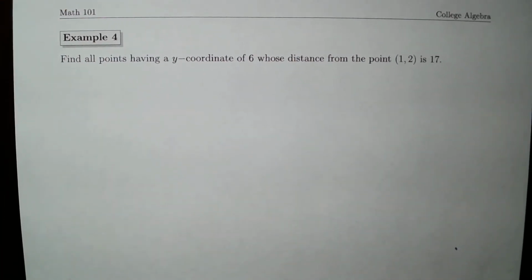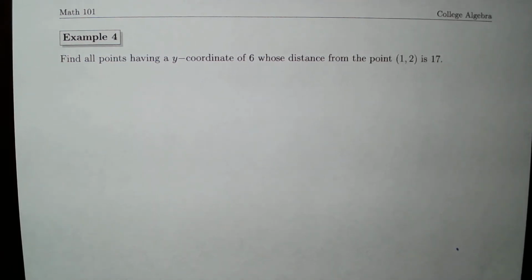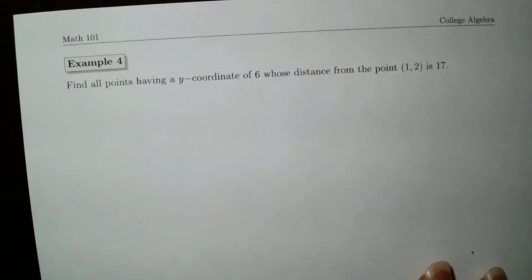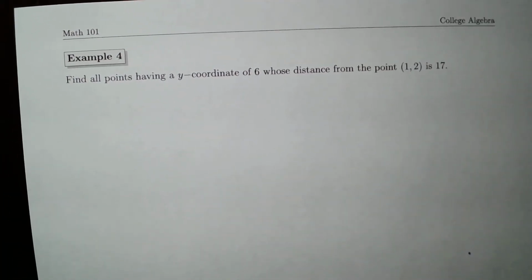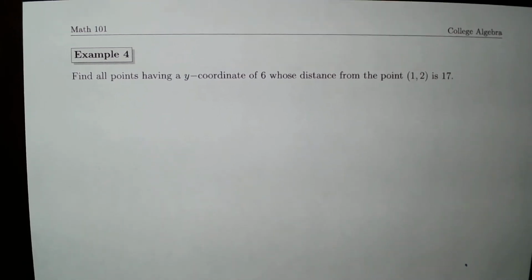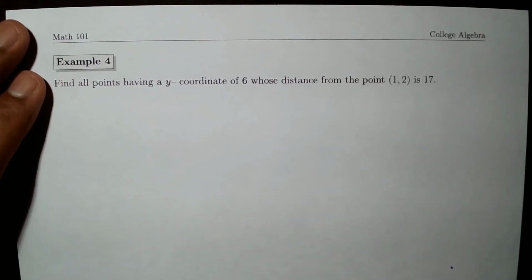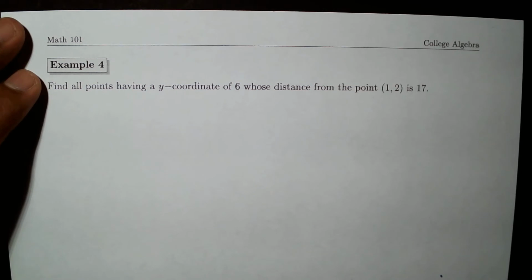Alright, find all points having a y coordinate of 6 whose distance from the point (1, 2) is 17. Okay, what is this problem about? How about we first draw a picture rather than me just showing you the formula and doing a lot of calculation without even knowing what we're doing.